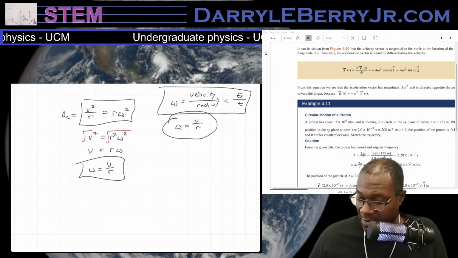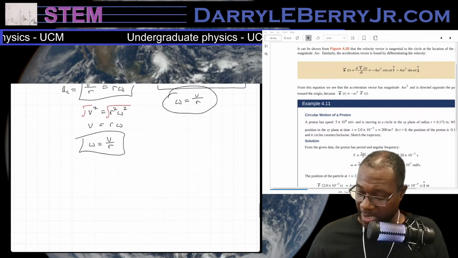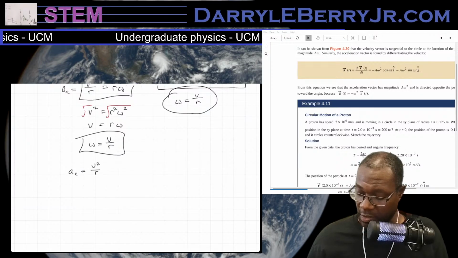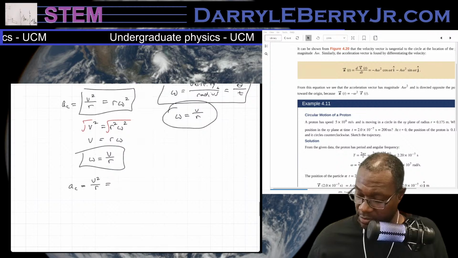That means with these equations, I should probably remember that a_c equals v squared over r equals r omega squared.